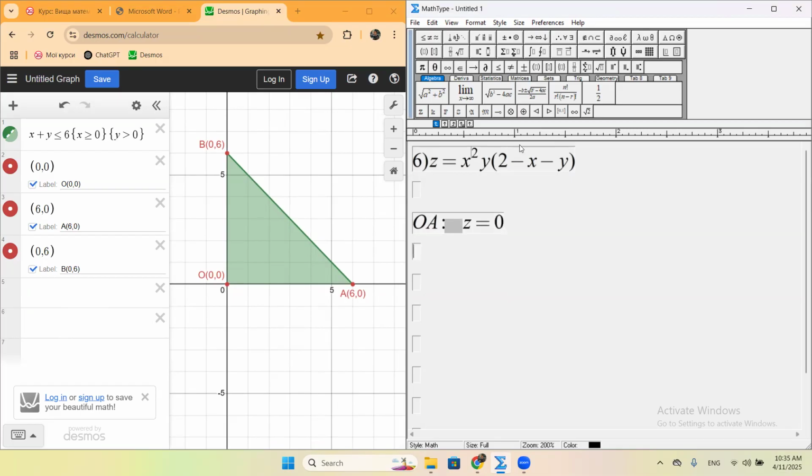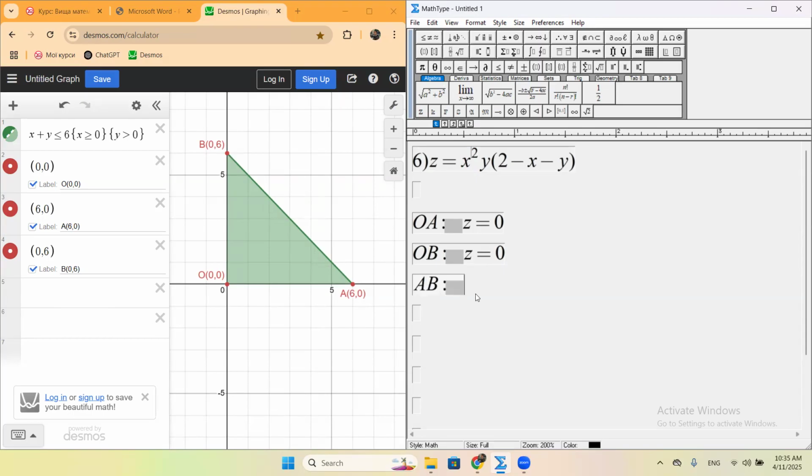Then what about OB? The same situation at this segment, x is equal to 0 everywhere, so z will be equal 0. AB is a much more interesting segment.